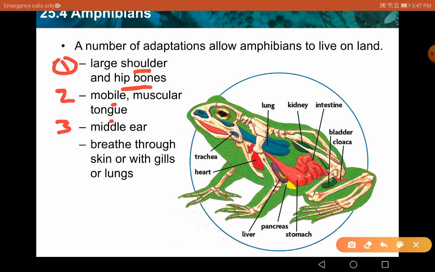We just need to know that there is a structure inside their ears called the tympanic membrane.